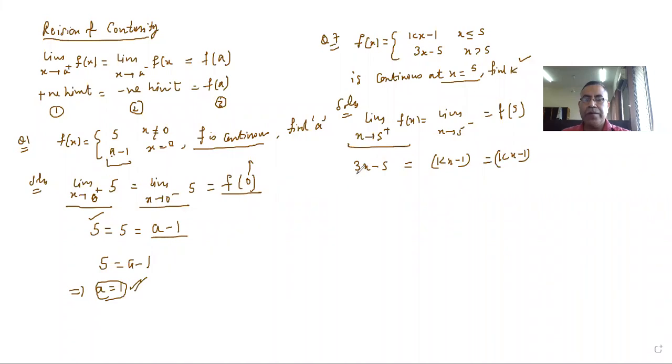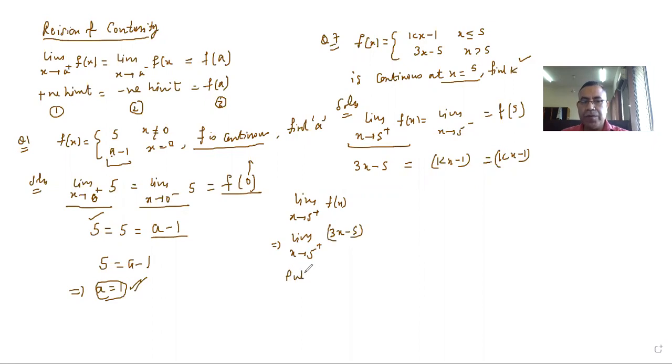Now see, x tends to 5 positive, so we will try to solve it first. Limit x tends to 5 positive f(x), which implies limit x tends to 5 positive, the value of f(x) is 3x minus 5.